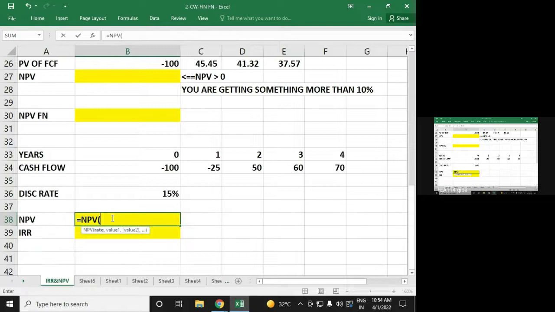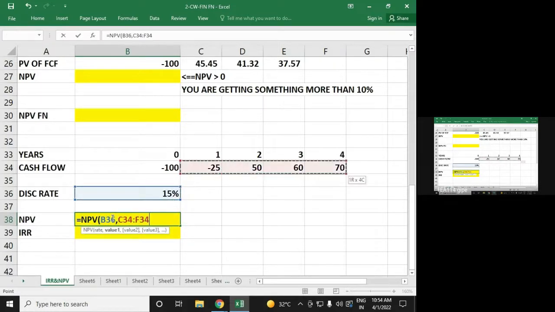NPV rate is 15%, and then you start from year 1 to last. Remember, it has nothing to do with positive negative cash flows. एक्सेल के हिसाब से सिर्फ टाइमिंग का डिफरेंस आपको उसको एक्सप्लेन करना है, नॉट द पॉजिटिव नेगेटिव. Correct, it's negative. If you do by IRR also, not invest. IRR should be more than discount rate.